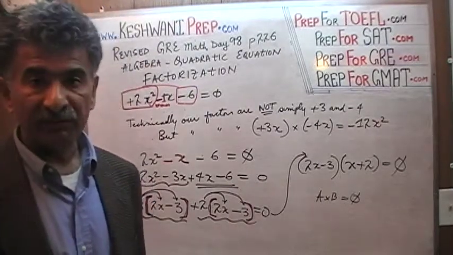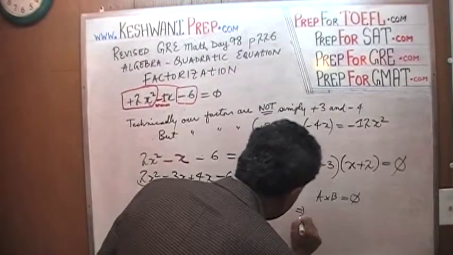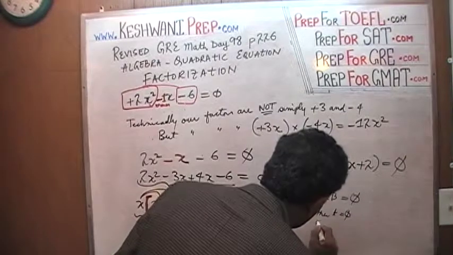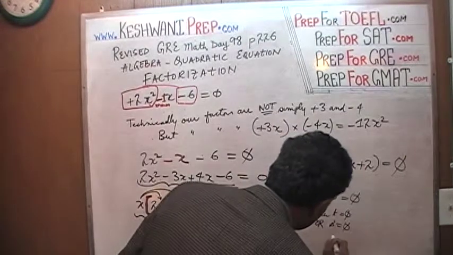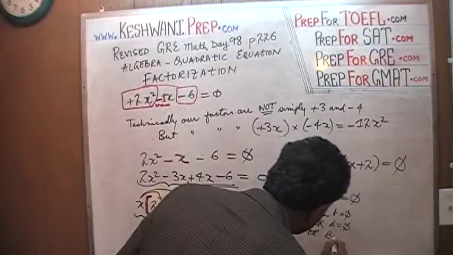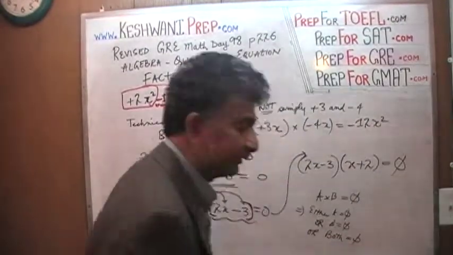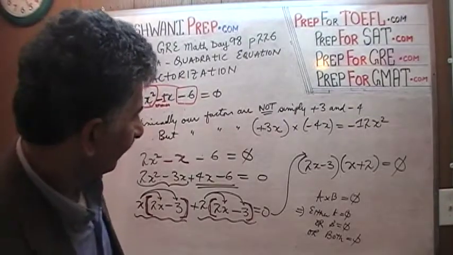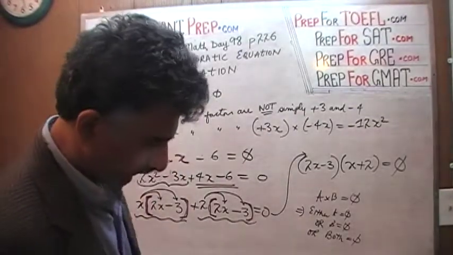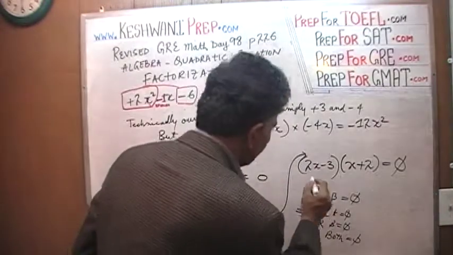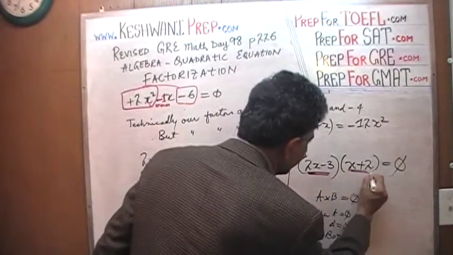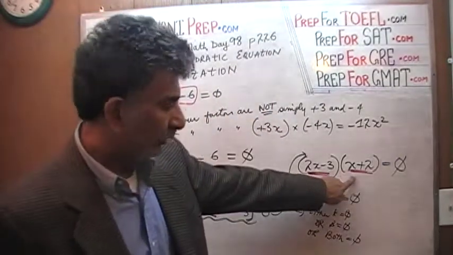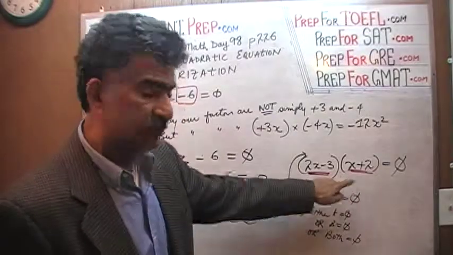This implies that either a equals 0 or b equals 0 or both of them are equal to 0. There are three possibilities, not two. I misspoke. If this quantity times this quantity equals 0, then either the first quantity is equal to 0 or the second quantity is equal to 0 or both of these quantities are equal to 0.